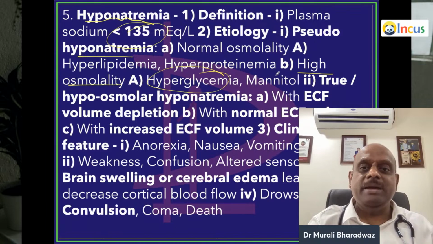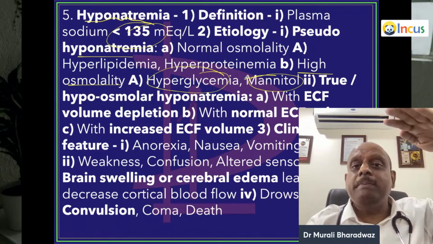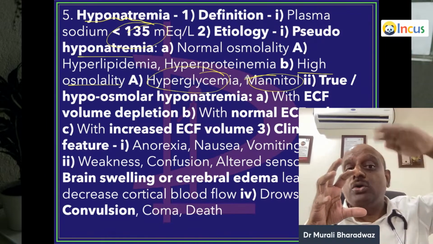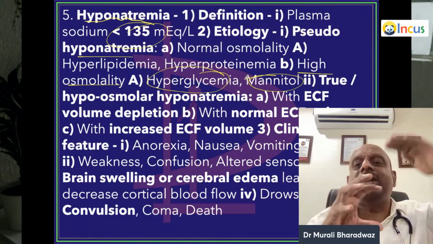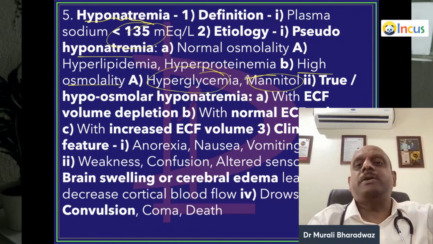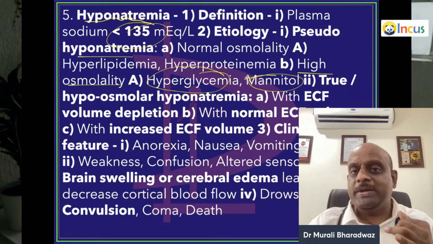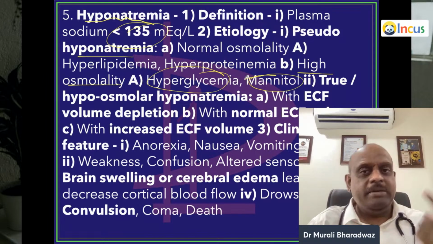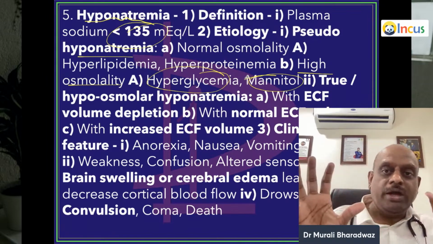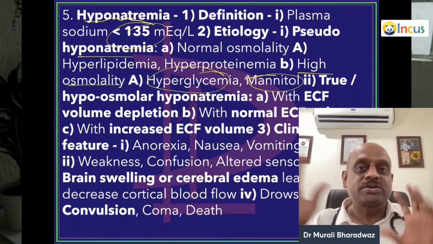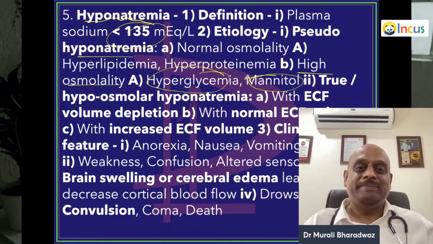So hyperglycemia, mannitol, and those people wrongly show hyponatremic values. That's another example of pseudo-hyponatremia. So pseudo-hyponatremia with normal osmolarity is hyperlipidemia, hyperproteinemia. Pseudo-hyponatremia with high osmolarity is hyperglycemia and mannitol.